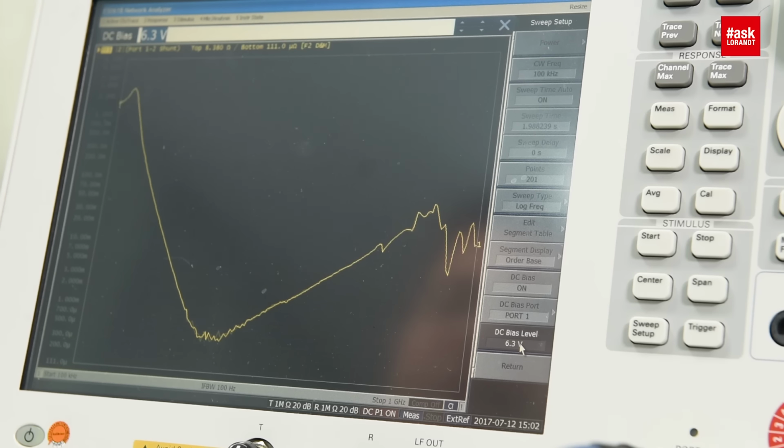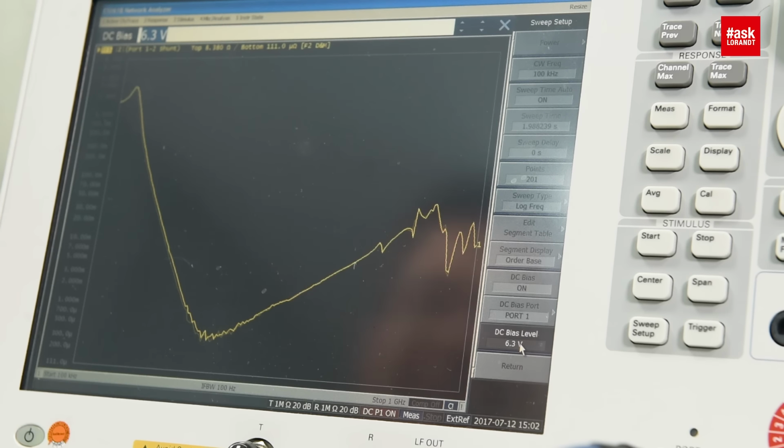Also 6.3 volt. And we see, because we halve the capacity, there's more or less no change. So this is a really good combination to do in a pi filter. It's what I'm always saying in a seminar, you should use a pi filter.